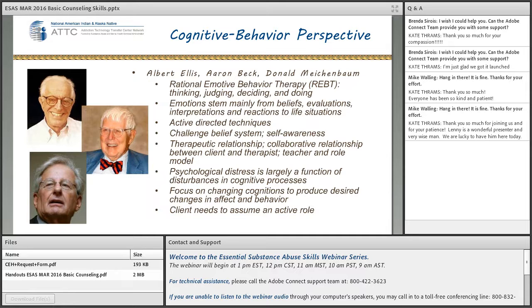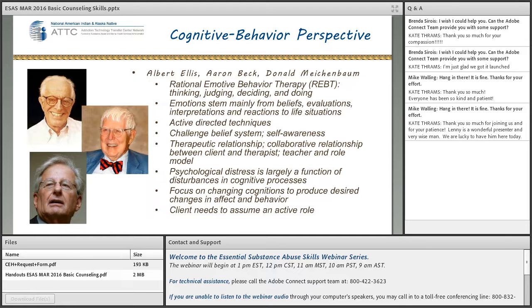And so one of the things that I found out with using cognitive behavioral therapy is that it has been tested and proven and researched that this type of therapy is also good to use when working with Native American people.